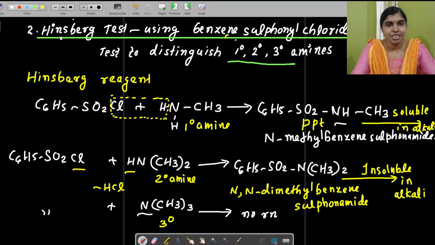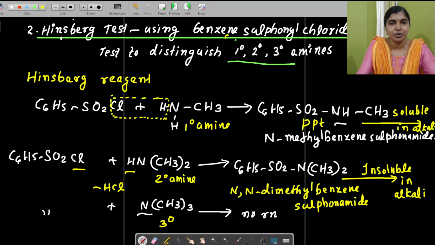And the tertiary amine has no hydrogens to react with benzene sulfonyl chloride, so no reaction. So once more: primary amine gives a precipitate soluble in alkali, secondary amine gives a precipitate insoluble in alkali, and tertiary amine gives no reaction. So you can use this to distinguish primary, secondary and tertiary amines.